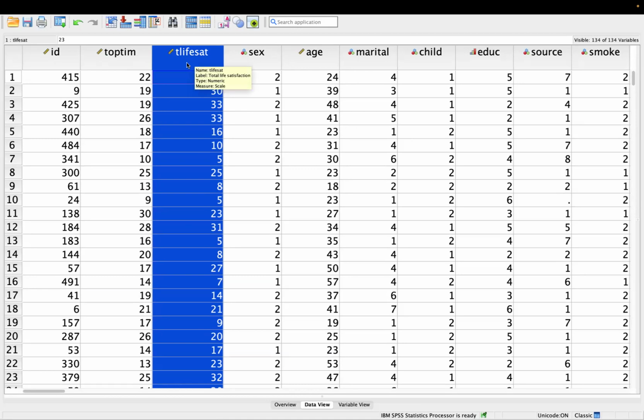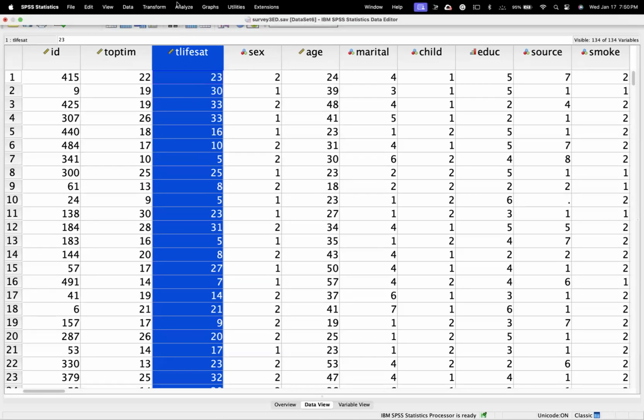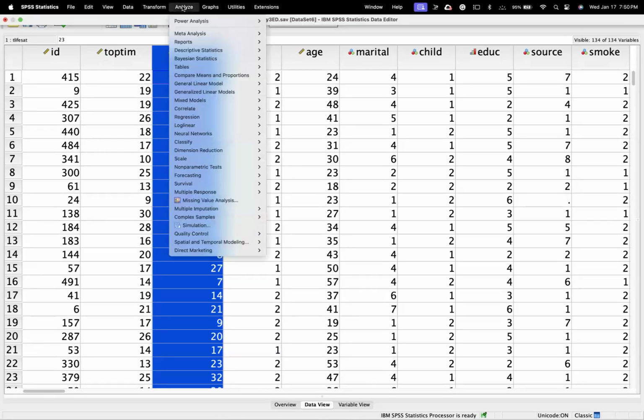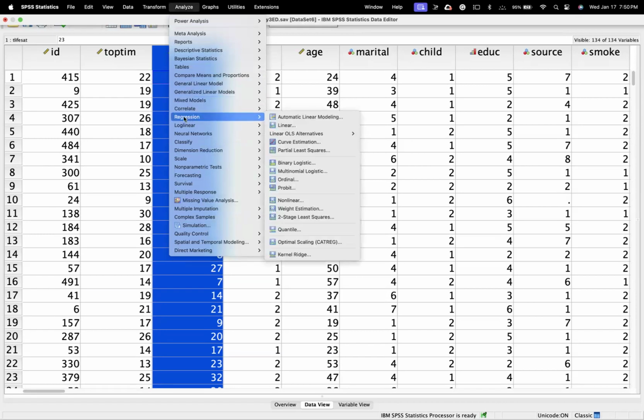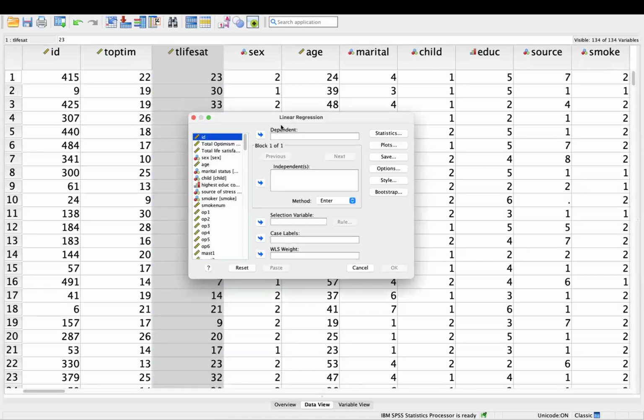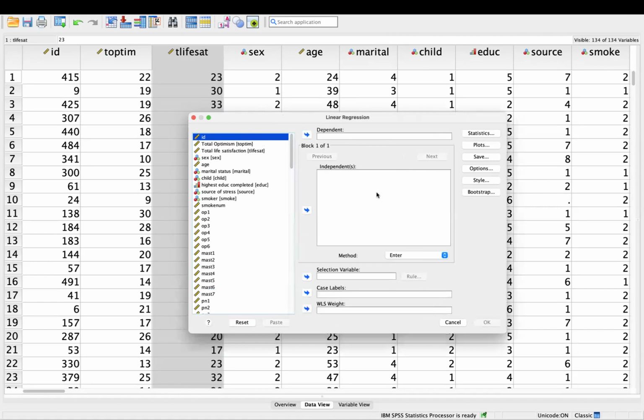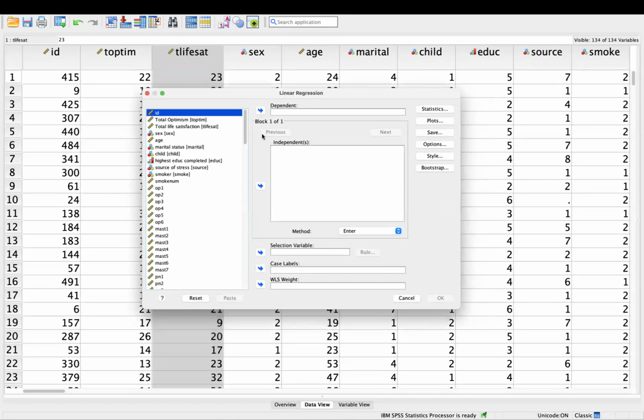Okay? Now, what we would do is go to Analyze, Regression, Linear. This is the same thing that you would do for, say, multiple linear regression, but you are only going to put one independent variable. Remember, there should only be two variables here.